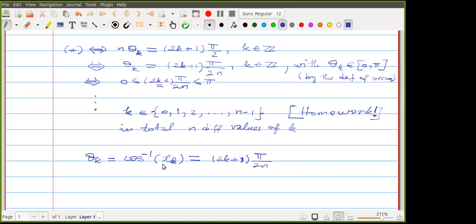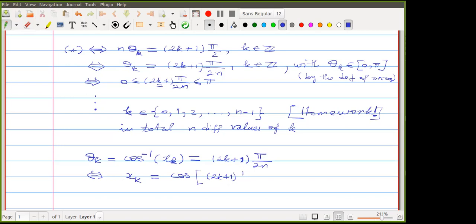Now, if you want to get the x_k, we apply cosine on both sides. So this will be equivalent to x_k equal to cosine of what?